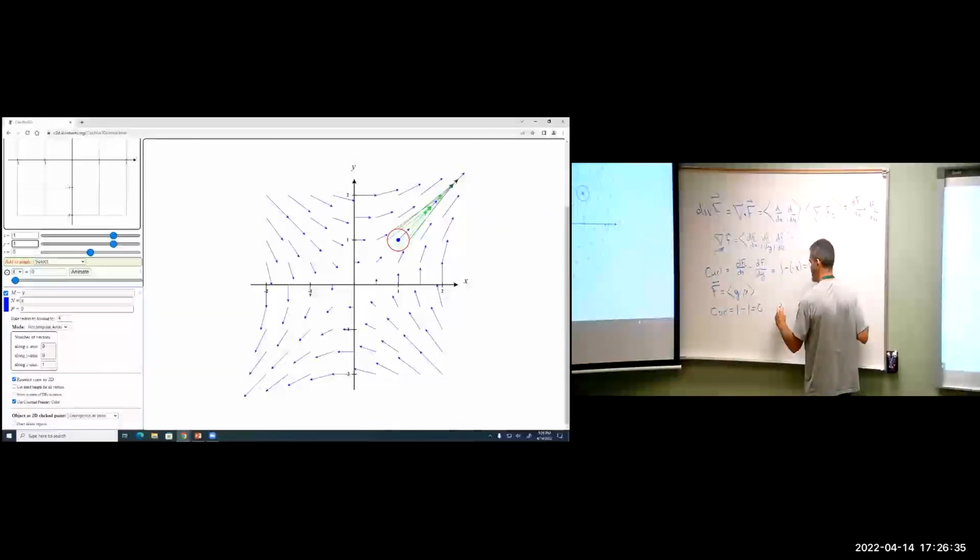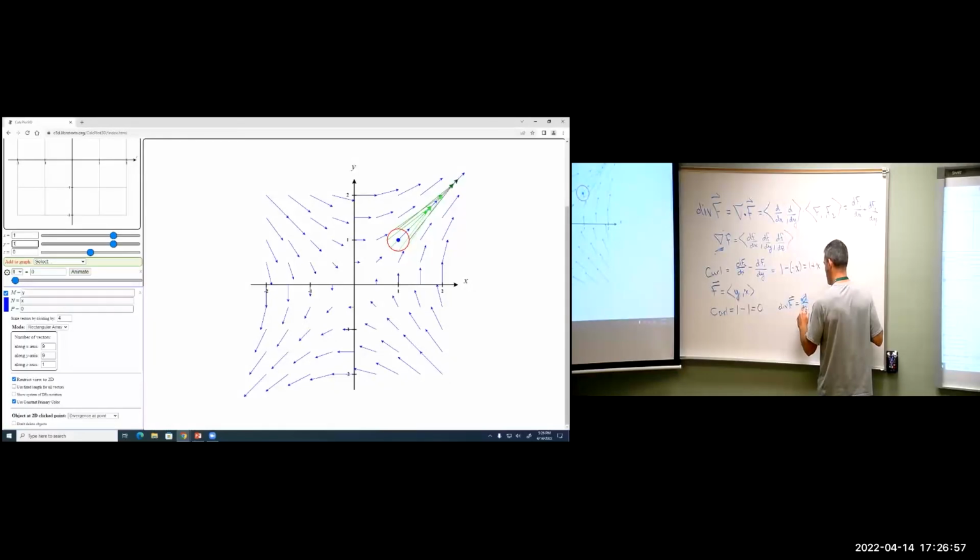So the divergence of F, it just comes from adding up the partials. Well, the derivative of y with respect to x, oops, sorry, it's a scalar, is 0. Actually, let's write the whole thing.